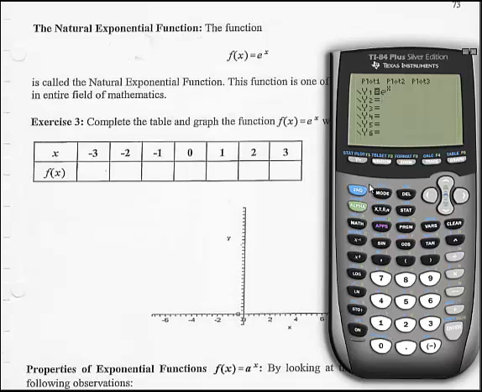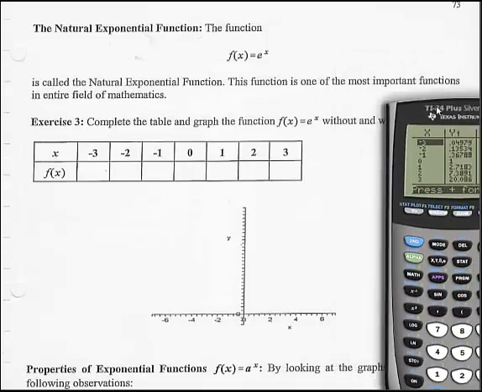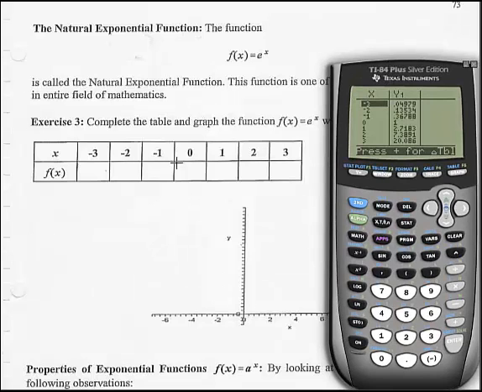We'll go to the table of our calculator and enter in these values for the graph. I'll enter these top three, and then I'll go here and calculate in the workbook the bottom three. Alright, so what is the value of E? Well, you could compute that by simply putting the 1 into this natural exponential function.